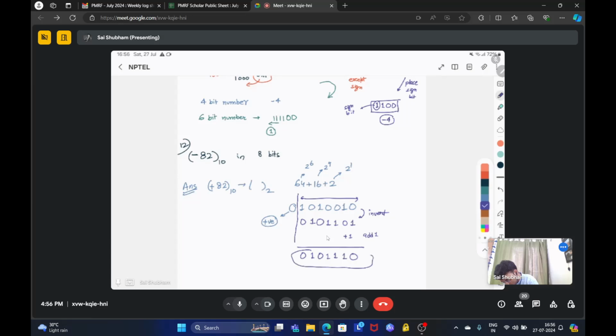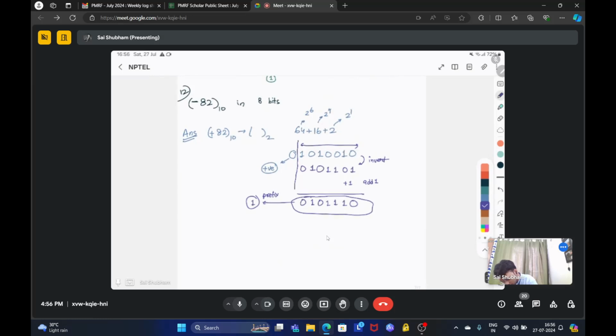So this is my overall number, then I have to prefix 1. So my answer is 11010 1110. So this is the answer. So this is actually minus 82.